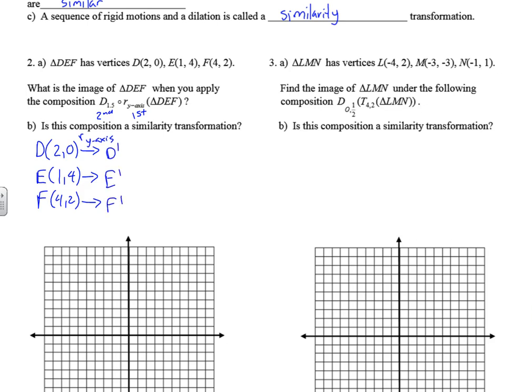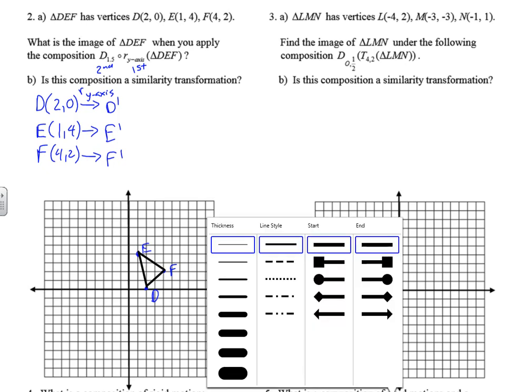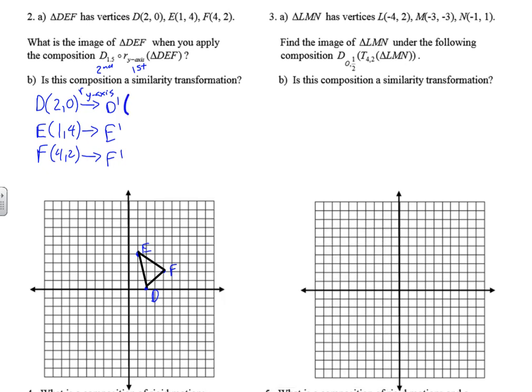So if we plot these points here, (2, 0) would be D. E is (1, 4). And F is (4, 2). And we want to reflect that across the y-axis. What happens when you reflect across the y-axis is that your x-coordinate changes sign.